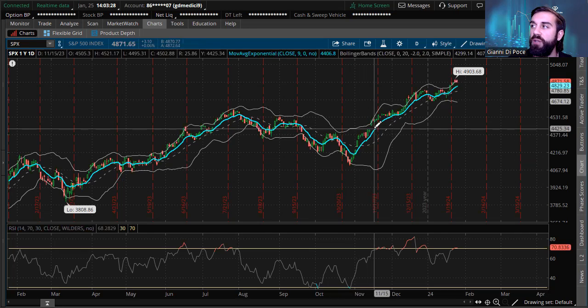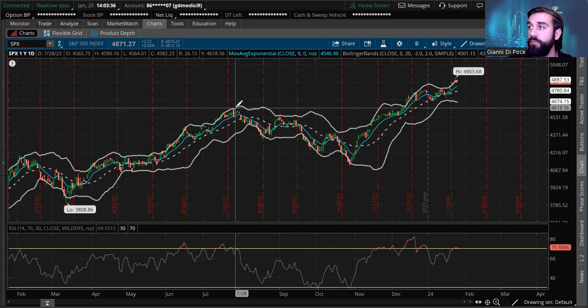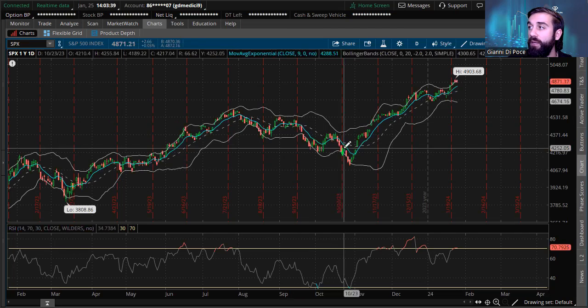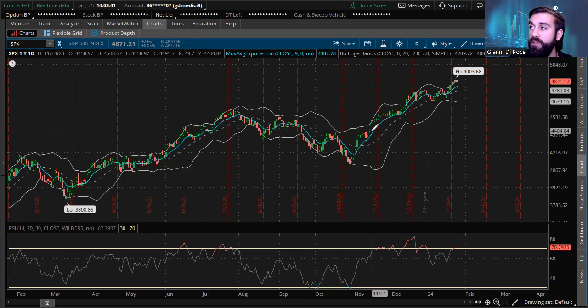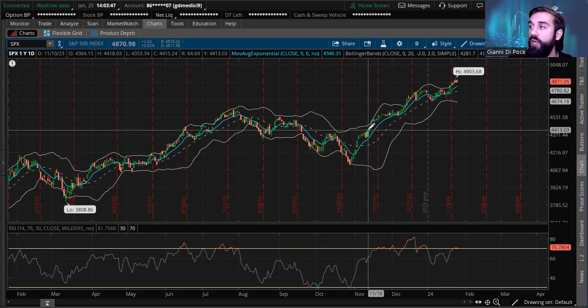But the first signal that we had as trend followers that the integrity of the short-term downtrend between July and October was no longer in effect was when prices took out the high from October in November.